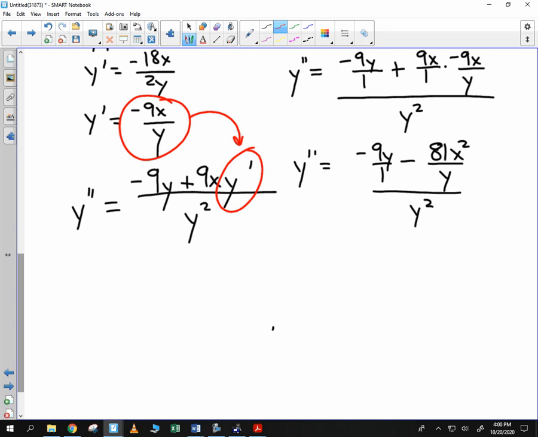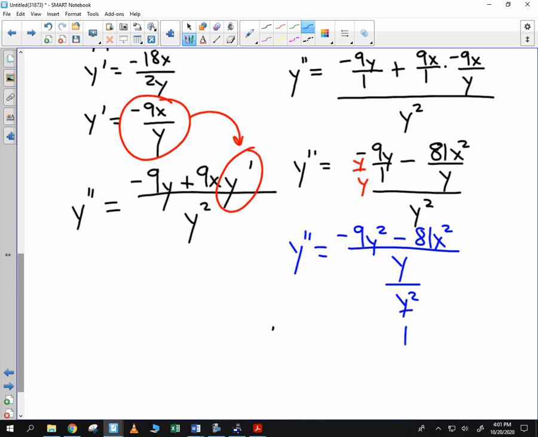Multiply the top and bottom by y in order to find common denominators. And I get y double prime is -9y squared minus 81x squared over y. I divide that by y squared over 1.